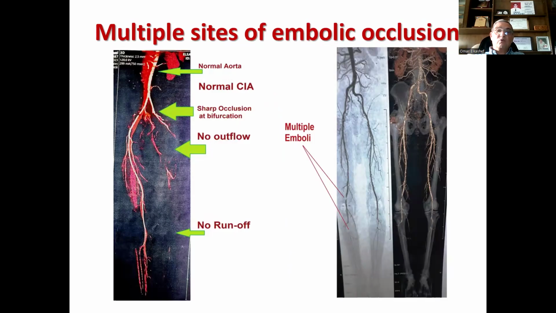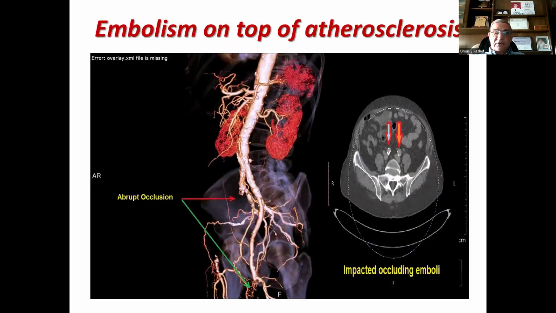So we have also multiple sites of embolic occlusion, as here, abrupt occlusion of the left iliac artery, no runoff, or multiple emboli in the film to the right, in the popliteal and the tibial arteries.